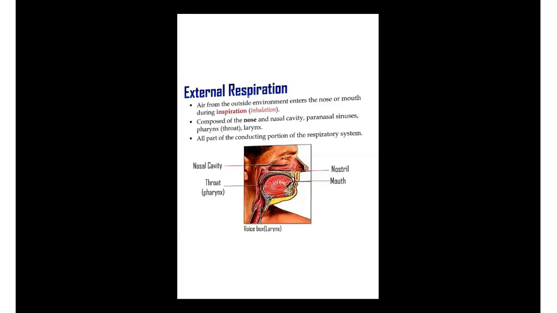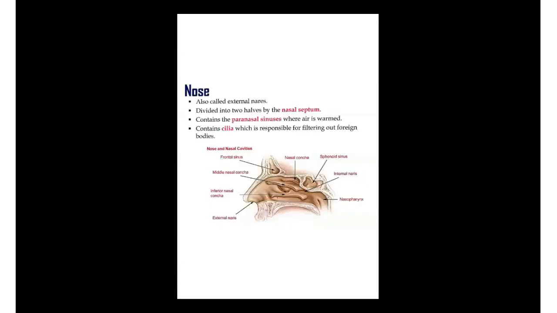So that air reaches your sinuses, and it gets humidified, with a little bit of moisture added, and then it enters your throat, then the larynx, and then it reaches the trachea. Trachea is basically the voice box of the body.